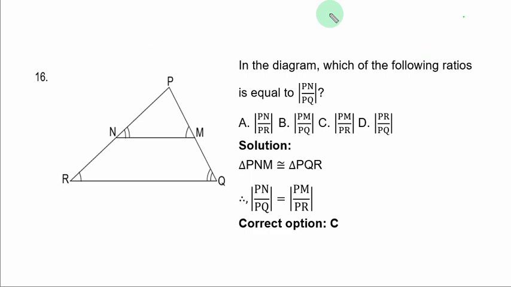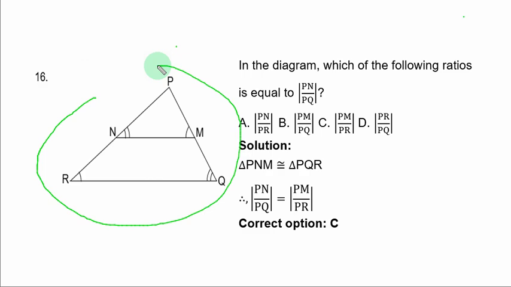Question 16. In the diagram, which of the following ratios is equal to PN over QN? We have two triangles here which are similar. You have triangle PMN is approximately equal to triangle PQR.